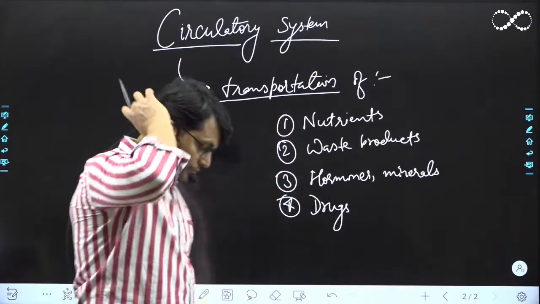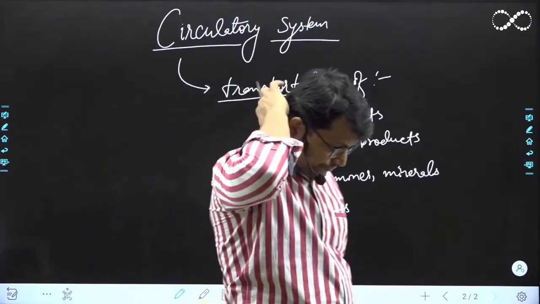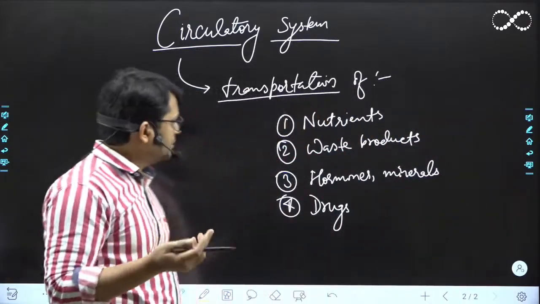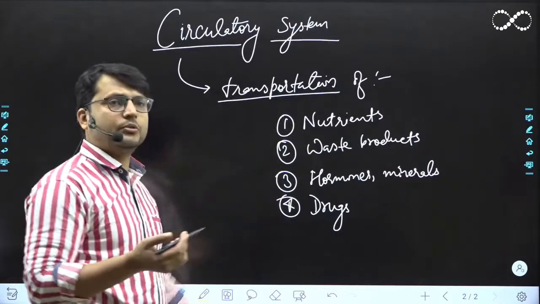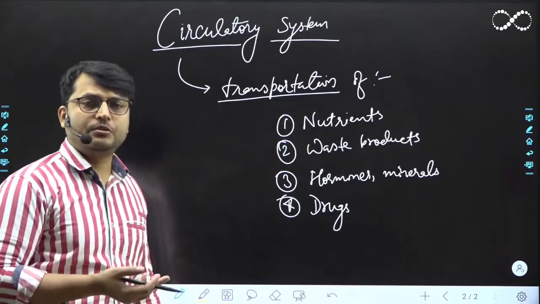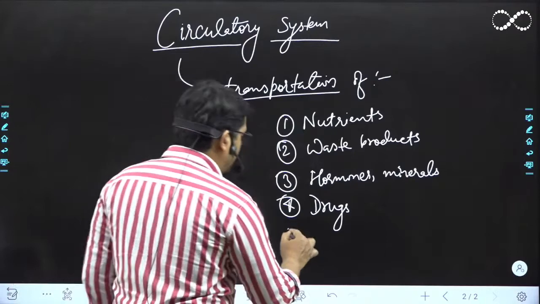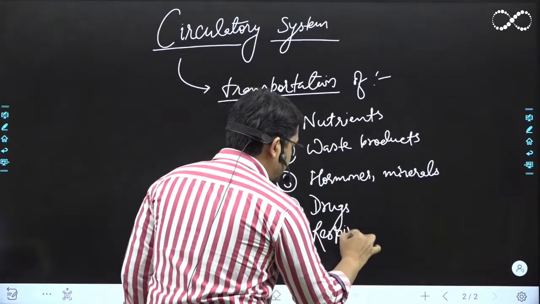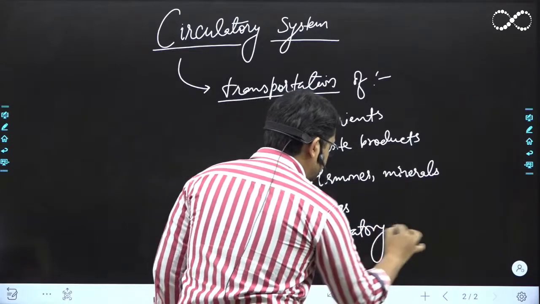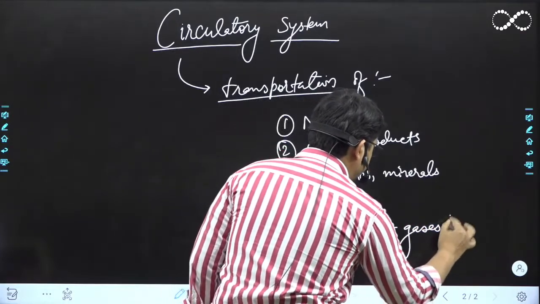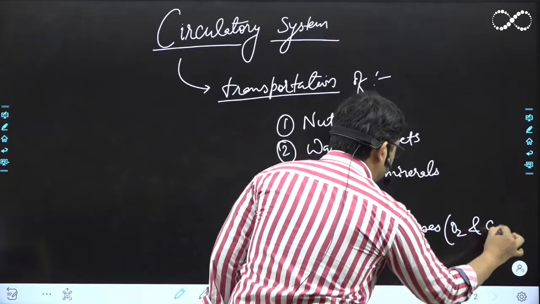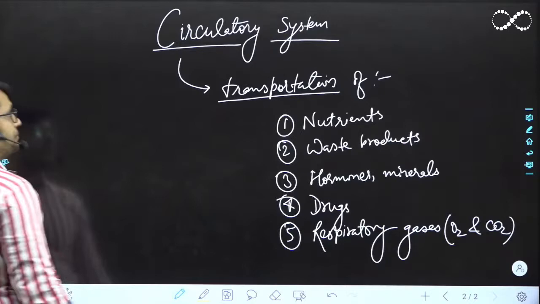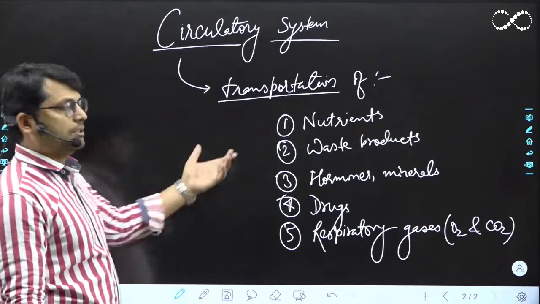Okay, so when we are talking of circulatory system, the whole function is mainly the transportation of all kind of materials throughout the body, and this also includes materials like respiratory gases, that is O2 and CO2. समझ में आ रहा है? So when we are talking of circulation, basically the main function is transportation.